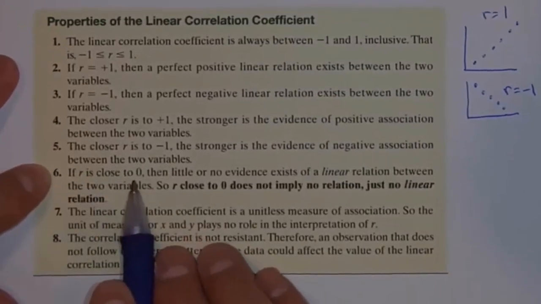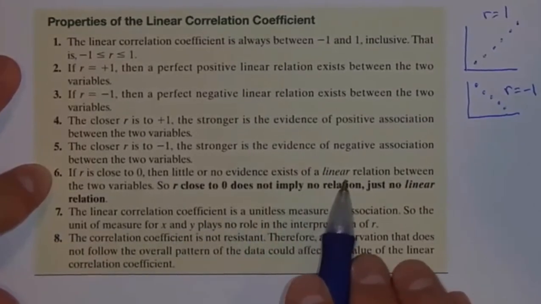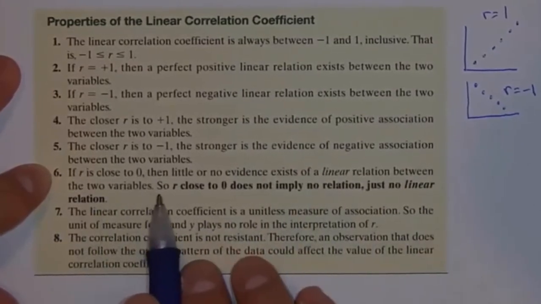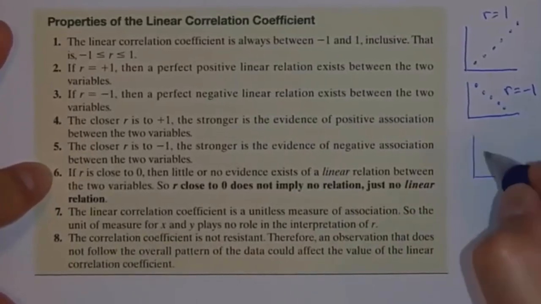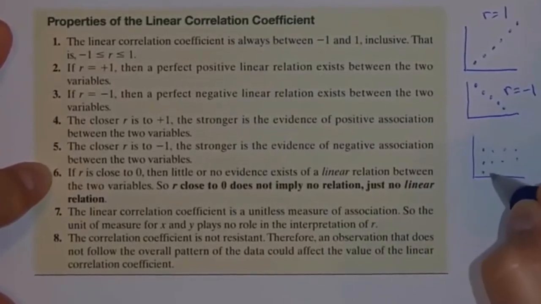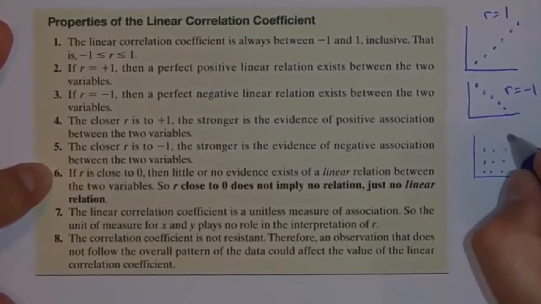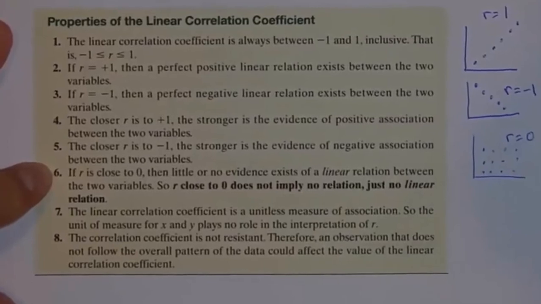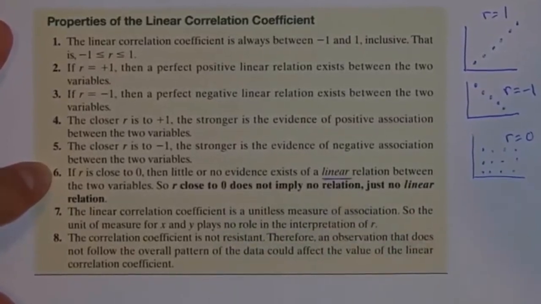If R is close to 0, then little or no evidence exists of a linear relation between the two variables. So if we have data such as this, where there's no positive or negative association, R would be close to 0. Now, I do want to emphasize the word linear here.